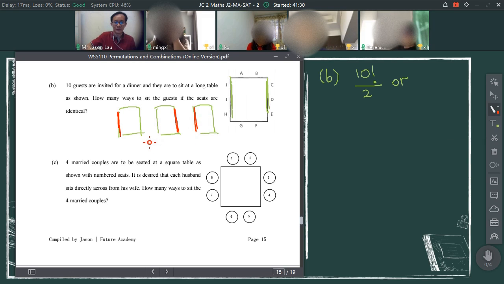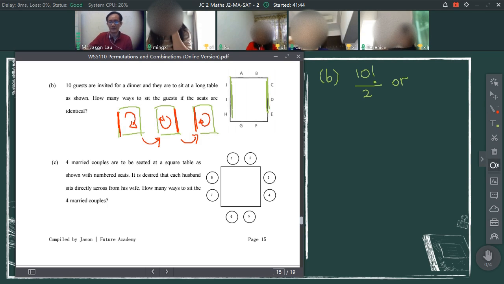Rotate clockwise, so the left side will become the right side, and then you rotate another 180 and you get back to the left side. Okay?